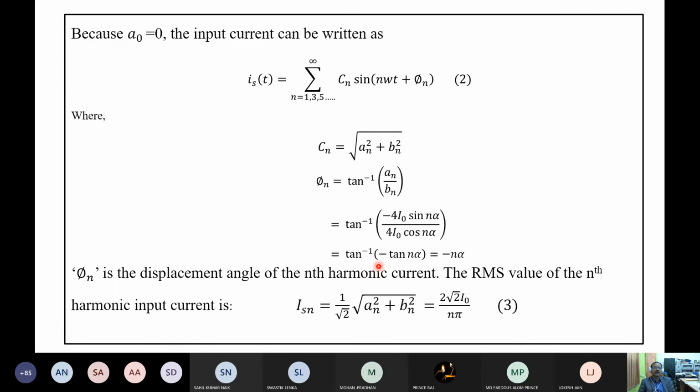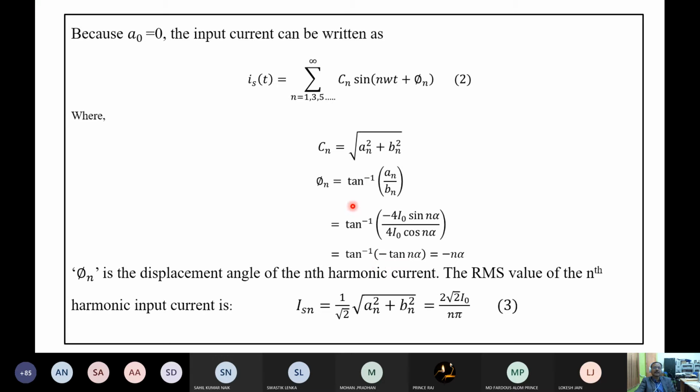From there, we define IS(t). The input current is defined as, because even harmonics are not present, only odd harmonics are present, the sum for n equals 1, 3, 5 to infinity of Cn sin(n omega t plus phi n), where Cn is root over an square plus bn square. Phi n is the displacement angle of the nth harmonic current.